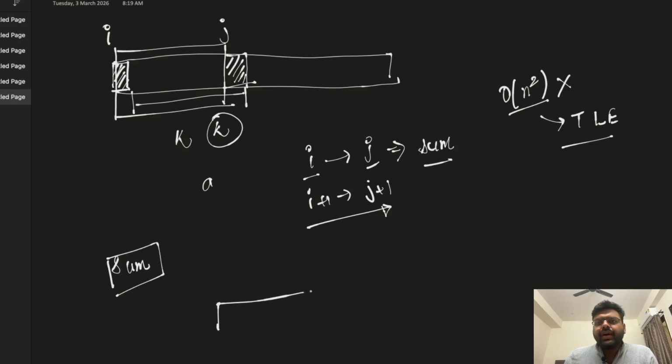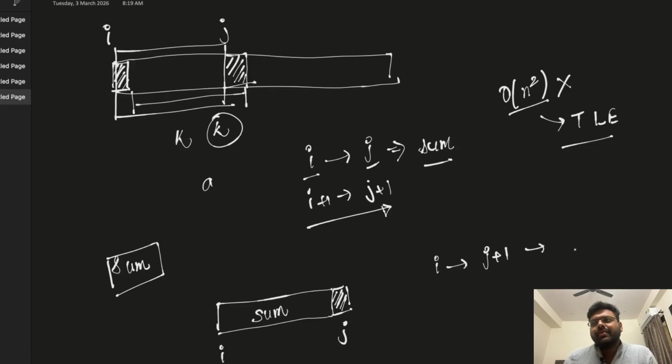But now if we think in an optimal fashion, let's draw it diagrammatically. Let's suppose this is my i pointer and this is my j pointer. I know the value here is sum. Now if I add this extra element here, the sum till i comma j plus 1 would be sum plus a of j plus 1. If I add this element into my window, the sum for the entire window would be this.